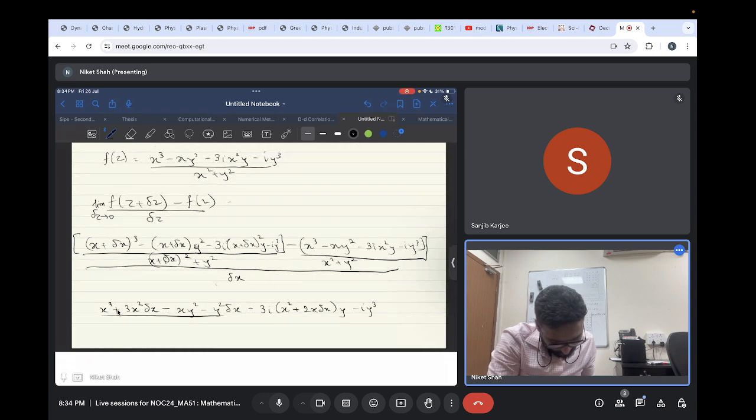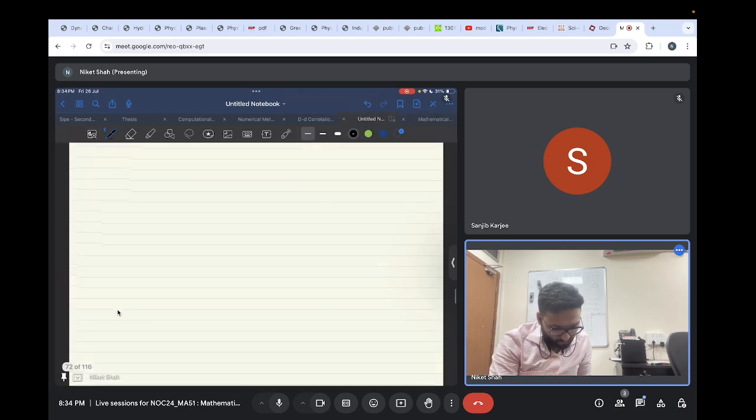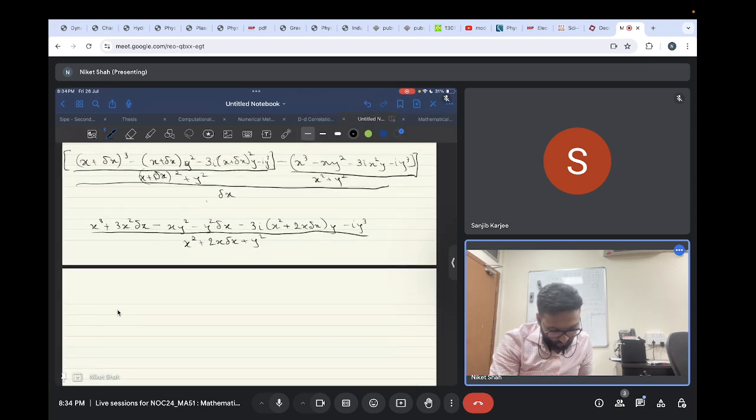This whole thing divided by x square plus 2x delta x plus y square into delta x. This denominator I'm taking here only, minus the second term I'm writing, x cube minus xy square minus 3ix square y minus iy cube divided by x square plus y square into delta x.